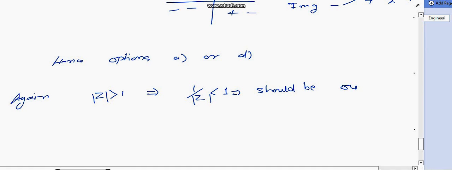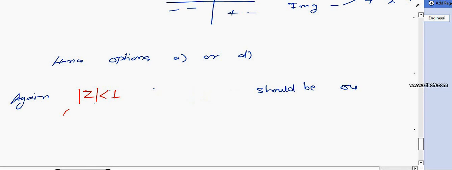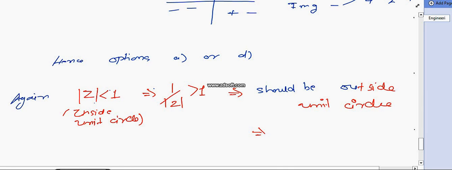Sorry for the mistake. Actually z was less than 1 because it is inside the unit circle. This implies 1 upon mod z is greater than 1, so it should be outside the unit circle. This implies option D is the answer.